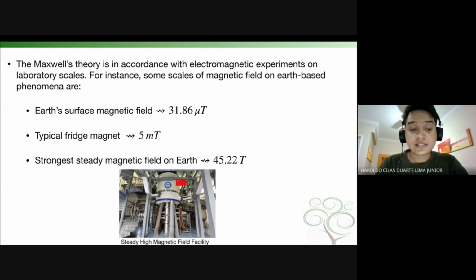The strongest steady magnetic field on Earth is around 45 Tesla. And this value here, this steady magnetic field, was achieved by the Steady High Magnetic Field Facility, a facility based in China, which established the new record for the strongest magnetic field on Earth. So this is the scale that we are used to test Maxwell's theory here on Earth.